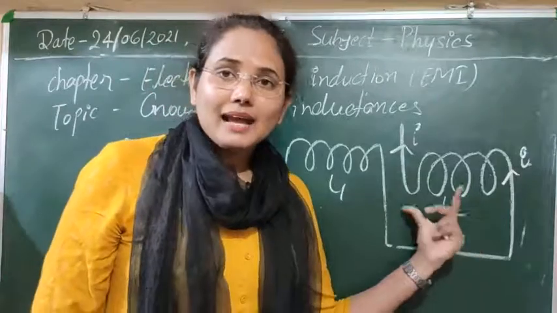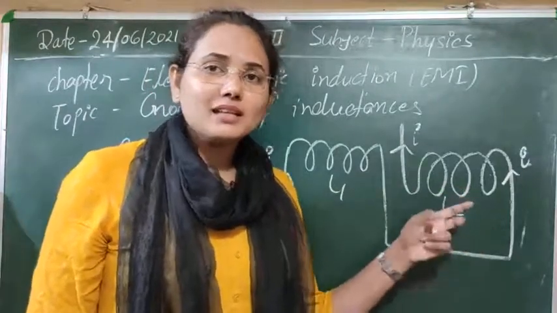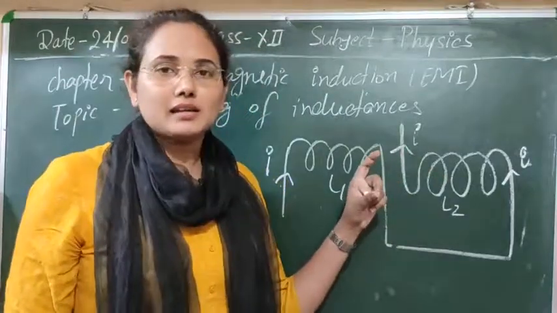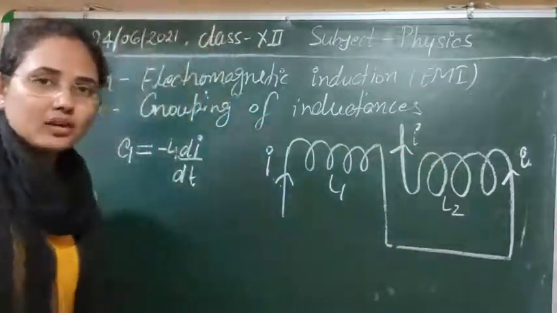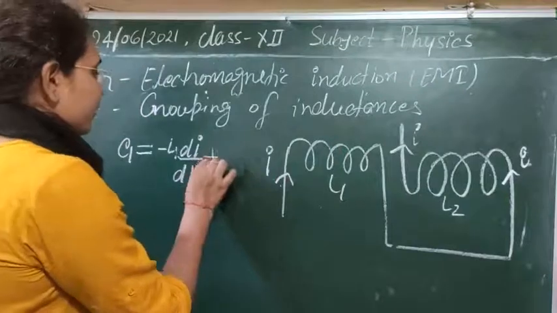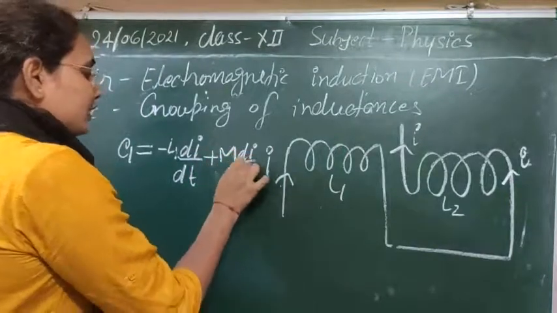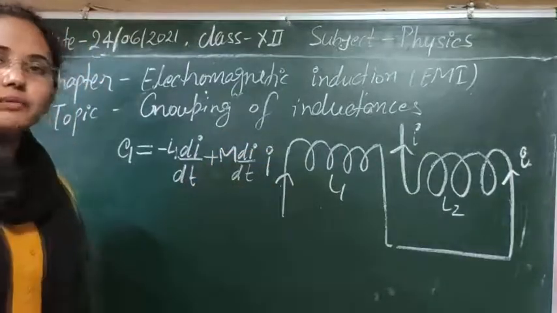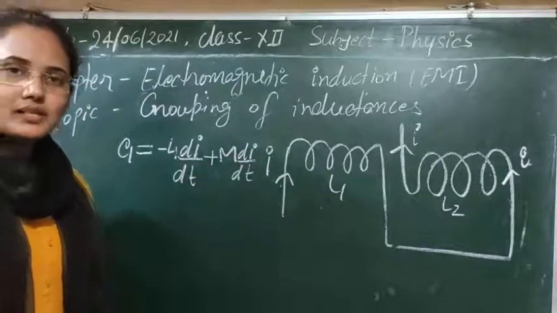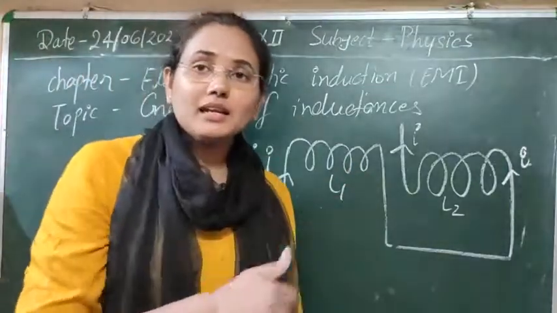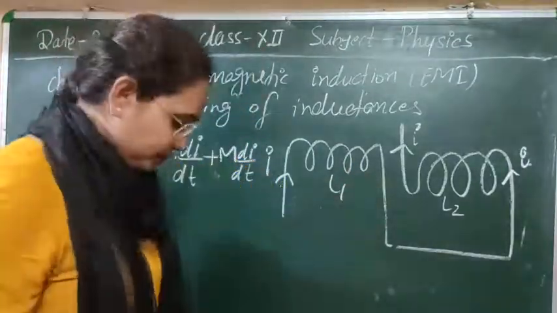But here, as the current is in the opposite direction, the flux induced here will also be in the opposite direction. So due to the opposite direction of the mutual induction, here we will get plus M di by dt. Only this is different from the previous case. So I think you can now understand why we are getting this, because the mutual inductance we are getting is in the opposite direction to the previous one.